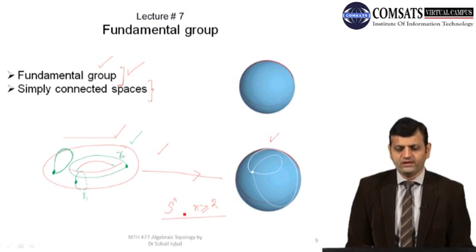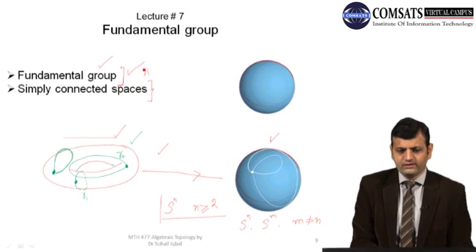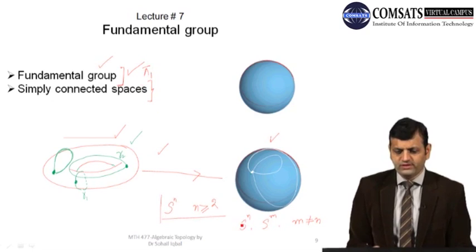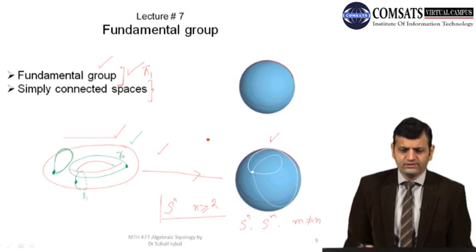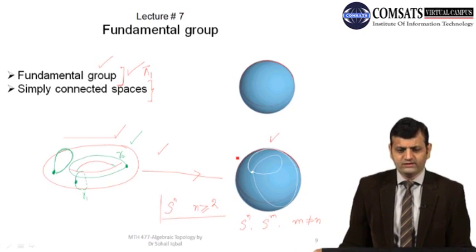So there is no way that we can differentiate between Sn and Sm where m is not equal to n. There is no way that pi 1, this fundamental group, can help us differentiate between these two different topological spaces. So these are the restrictions on this idea of fundamental group. Let's go on and see what we did in order to rectify this problem.